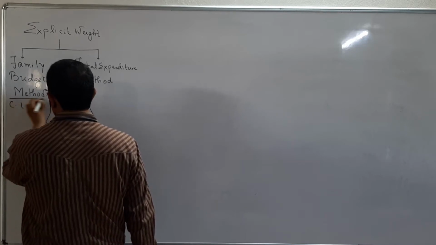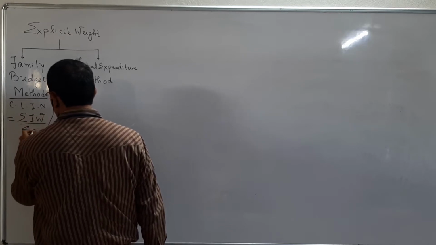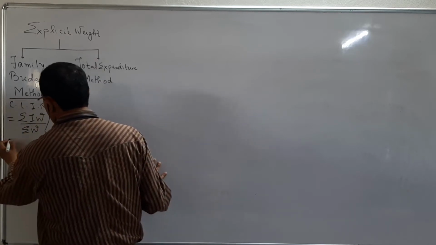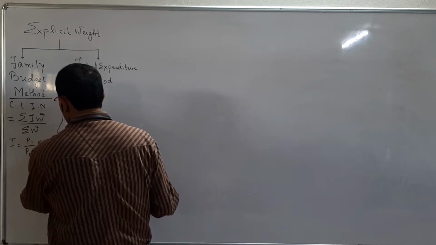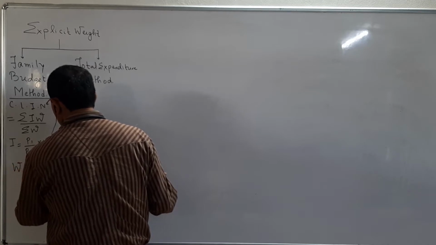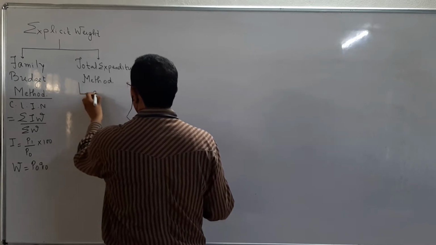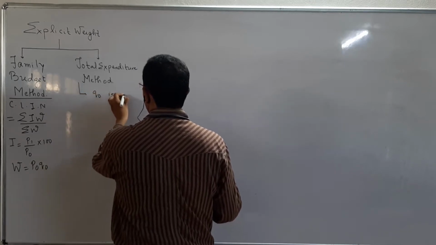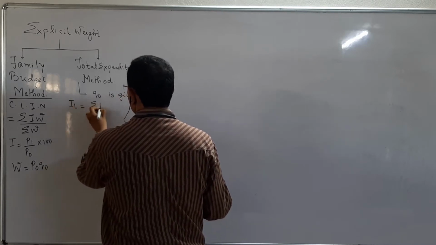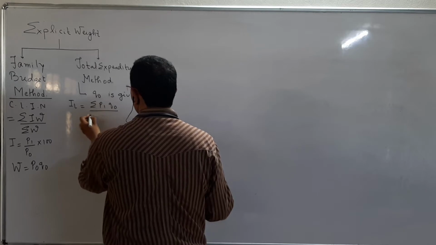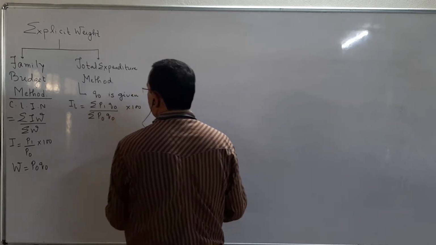By family budget method, whenever we are finding cost of living index number, I am writing in short CLIN, that is sigma IW upon sigma W, where I is P1 upon P0 into 100 and weight is P0 Q0. Here, when Q0 is given in its base quantity, we use Laspeyres formula sigma P1 Q0 upon sigma P0 Q0 into 100.